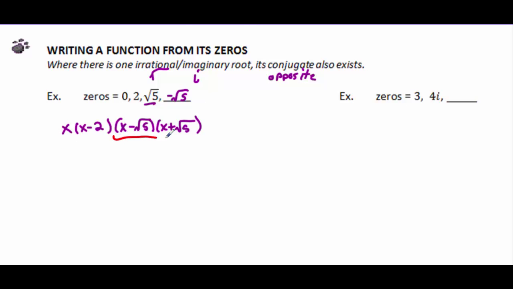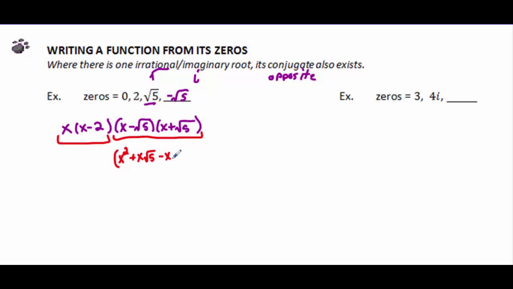I'm going to multiply these 2 things together and these 2 things together, and then take those answers and multiply again. So on this second part, x times x gives us x squared. And then x times the square root of 5, and then x times negative square root of 5, those become opposites of each other. I'll go ahead and write it down just so you can see.